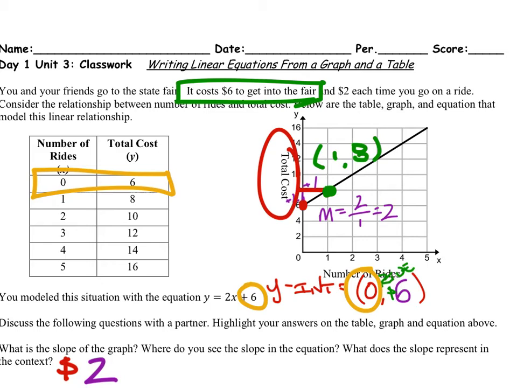Okay. Where do we see the slope in the equation, by the way? You guys need to know this. It was from the last unit. The slope is the coefficient of x, which is shown right here. That's the slope. This one gave us slope-intercept form. That was extremely convenient. y equals mx plus b up in here.